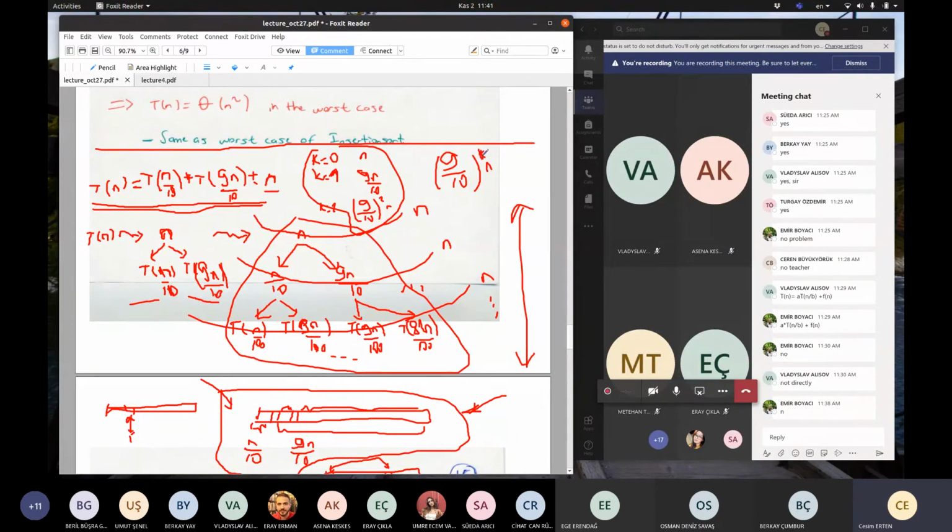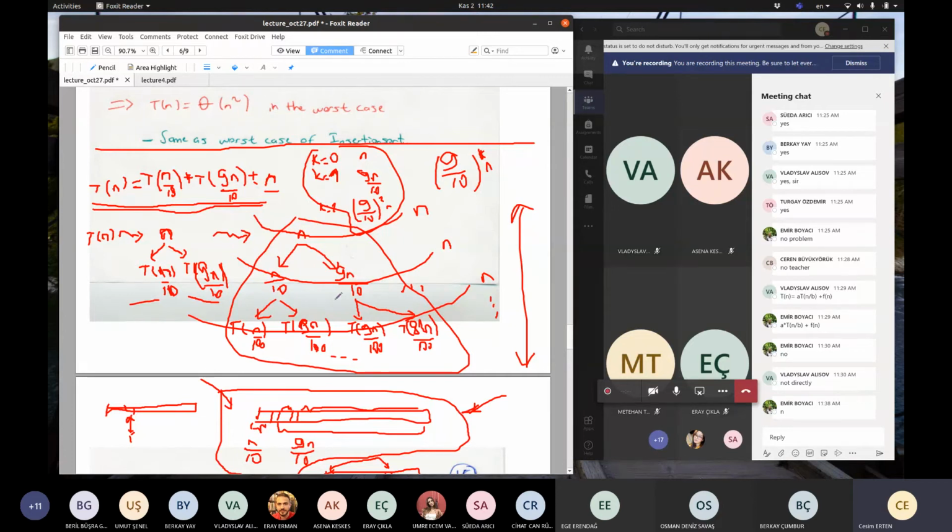Because for k equals 0, this is simply n. At k equals 1, we are expanding 9 divided by 10 times n. At k equals 2, this is 9 divided by 10 squared times n. At level k equals 3, it will be 9 divided by 10 to the power of cube times n, and so on.